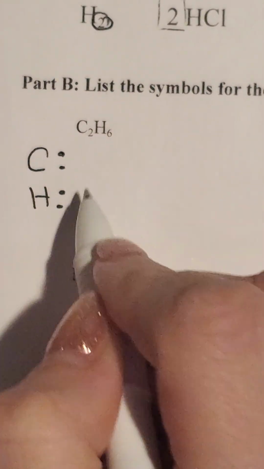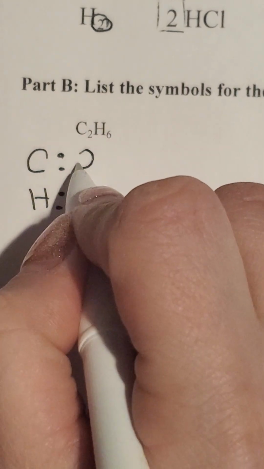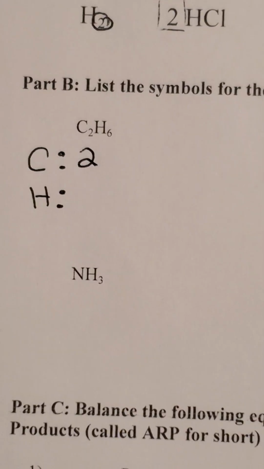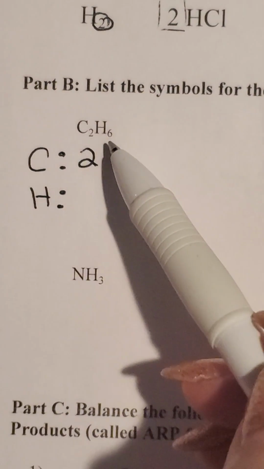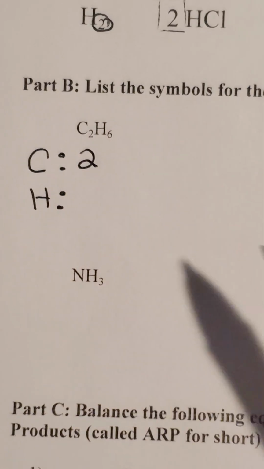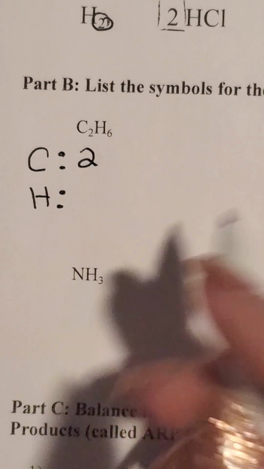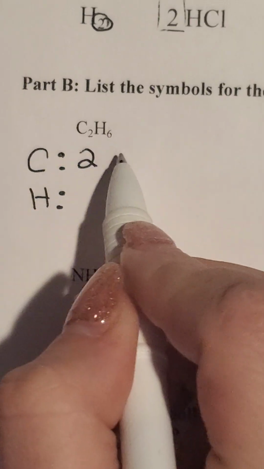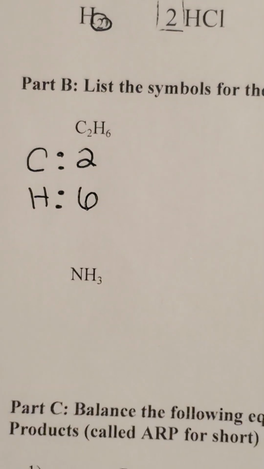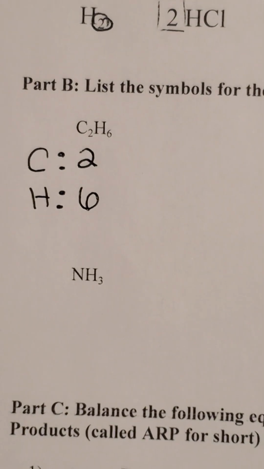So the number following carbon, my subscript of 2, tells me I have 2 carbons. Hydrogen has its own subscript. There's no coefficient, so I don't have to distribute by multiplying by anything else. So I just read what the subscript is, 6. So I have a total of 2 carbons and 6 hydrogens in that example.